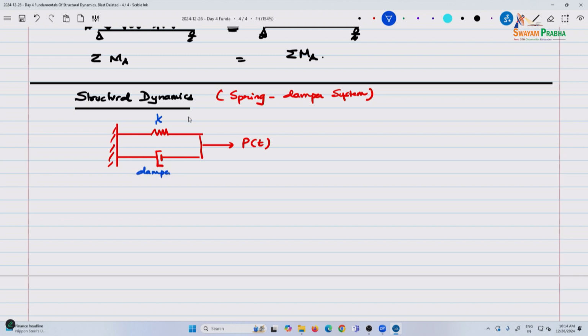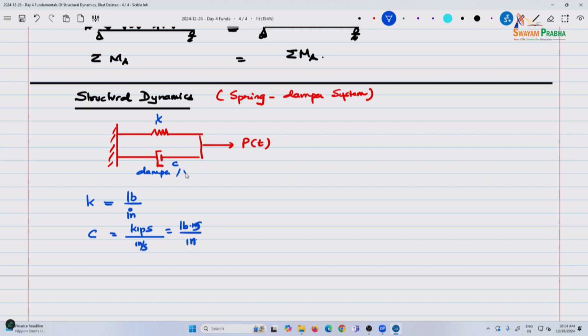the units in this case, for K, we have seen F is equal to Kx, so this is pounds per inch. Now C is a function of velocity. So the dashpot we represent by C, and this is a function of speed. So pounds or kips divided by inches per second, or let's say pound-seconds per inch.